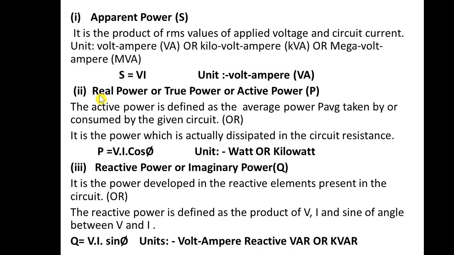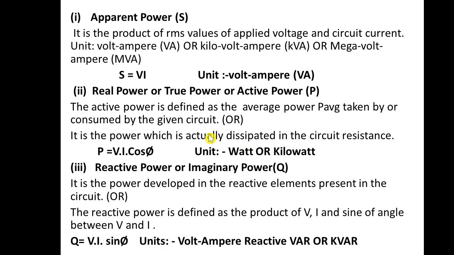Then next is the real power, also called true power or active power, and it is denoted by capital P. Active power is defined as the average power taken or consumed by a given circuit, or it is the power which is actually dissipated in the circuit resistance.